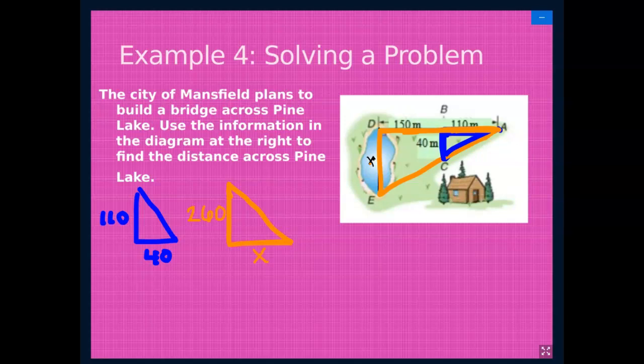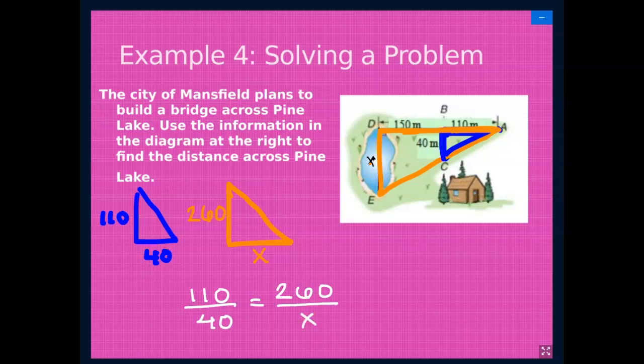So once again, I can set up a statement of proportion to help me find my missing side. So you could say, okay, 110 over 40 equals 260 over x.